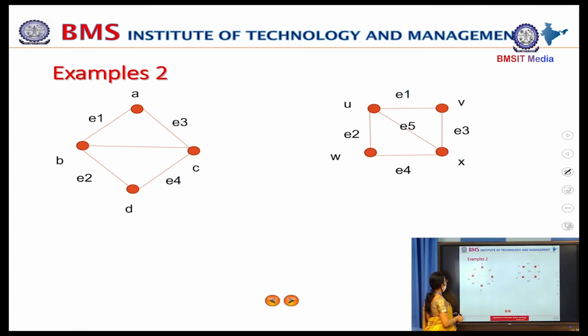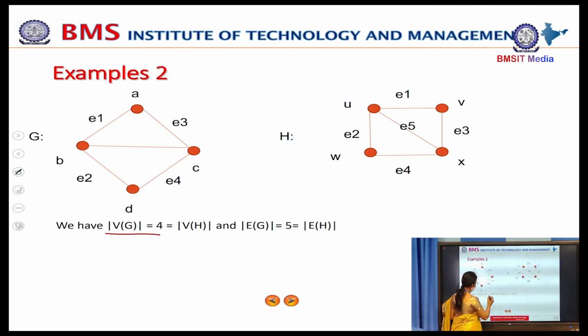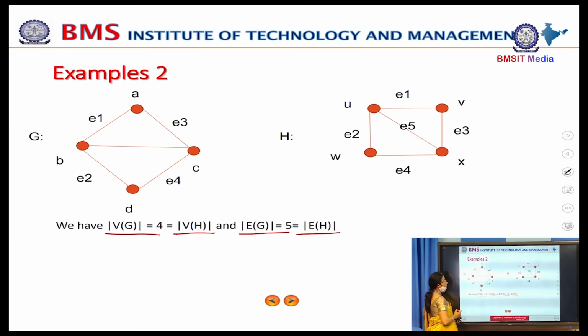I have taken a graph here with 4 vertices and another graph with 4 vertices. This is G and this is H. So here V of G is equal to 4, which is equal to V of H. E of G, the number of edges, is equal to 5, which is equal to the number of edges in the H graph: 1, 2, 3, 4 and 5.